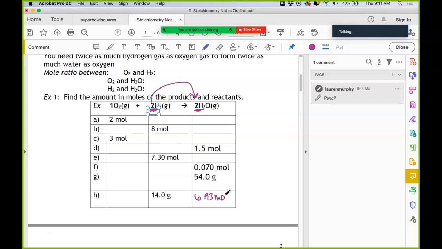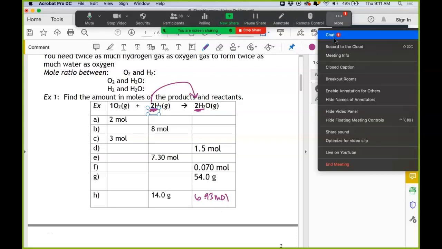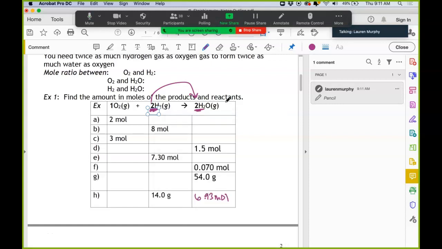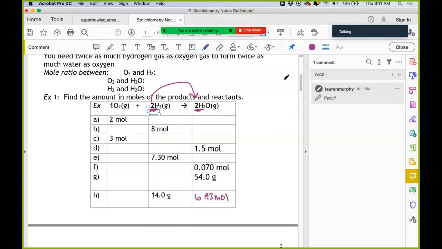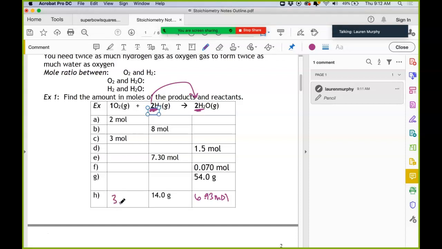Okay. Any questions so far? So what happens, what if I, what was this one? Sorry, what was the oxygen gas? 3 point, was it 3 point? Ooh.